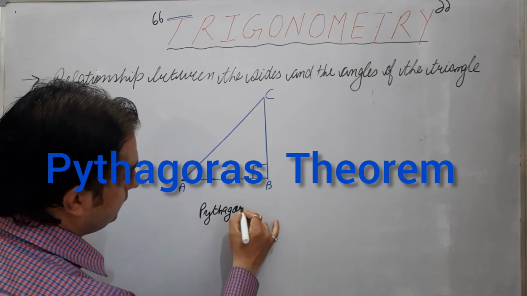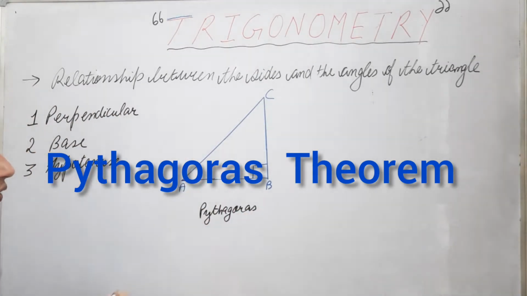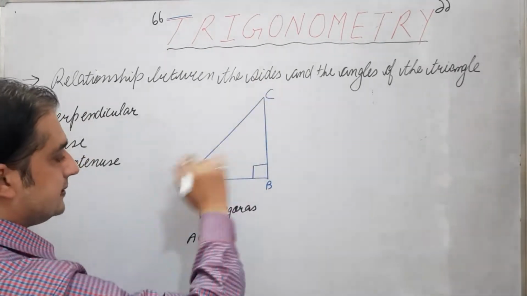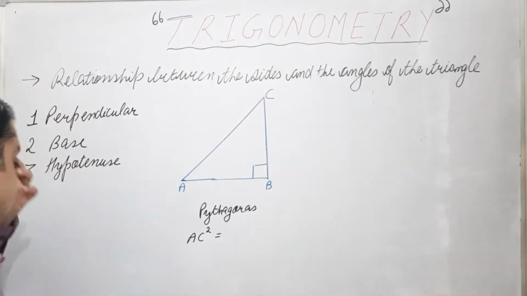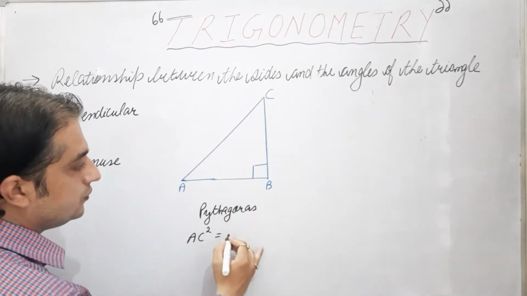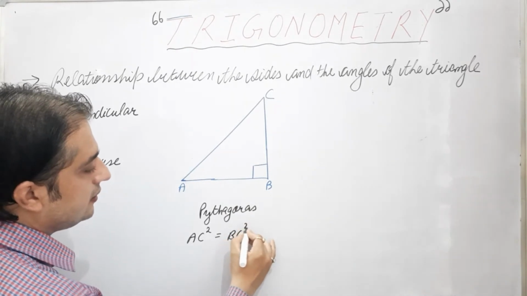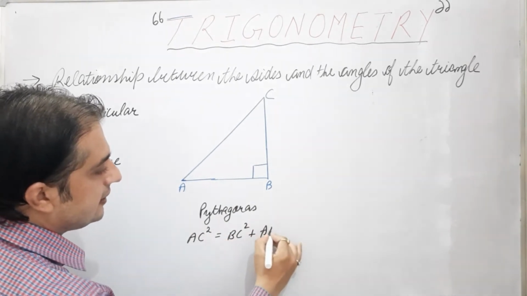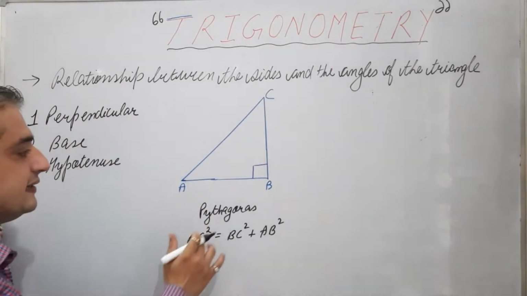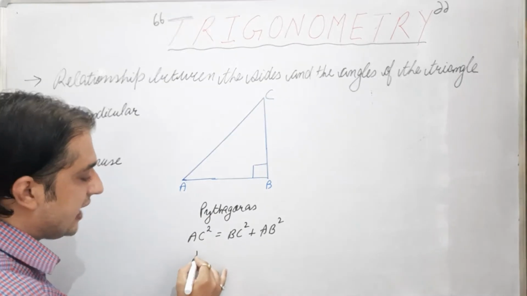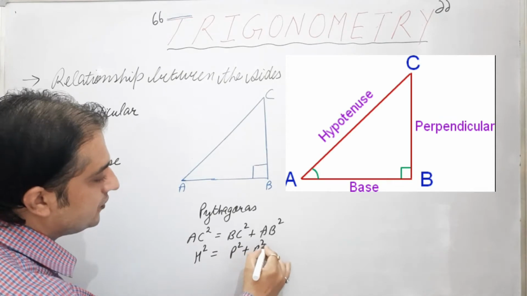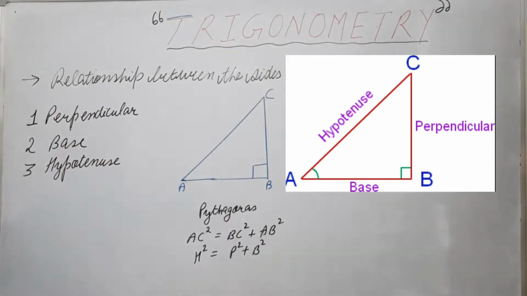That is, the square of the longest side, that is AC, is equal to the sum of the squares of the other 2 sides, that is BC square plus AB square. So this is the Pythagoras theorem, right? But students generally write h square is equal to p square plus b square. Students generally write these things, right?